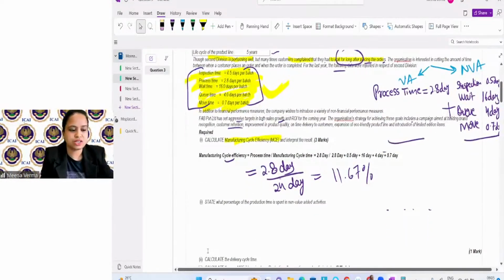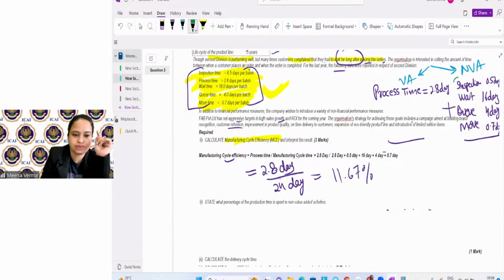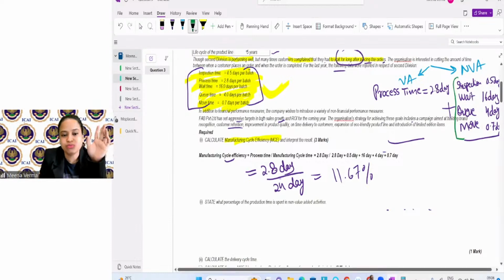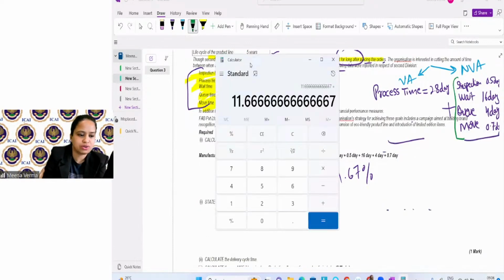State what percentage of the production time is spent on non-valued activity. How much time are you spending on non-valued activities? You can see here all these times are non-valued activity: inspection, wait, queue time, move time. So what I'll do, 24 minus 2.8. You can just add it all.